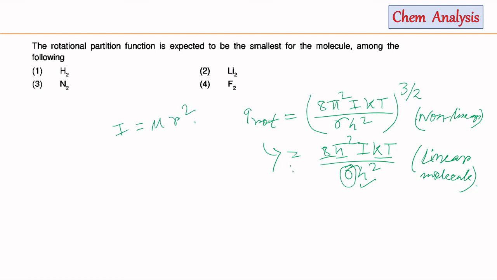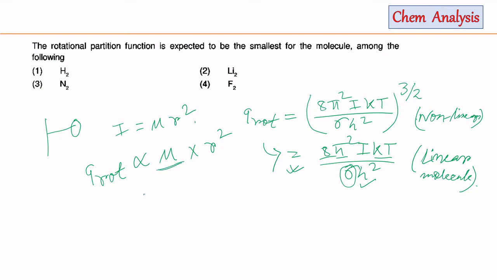Therefore from this equation we can say that rotational partition function is proportional to the reduced mass of the molecule and the square of the distance between the axis and the center of the atom, that is r.